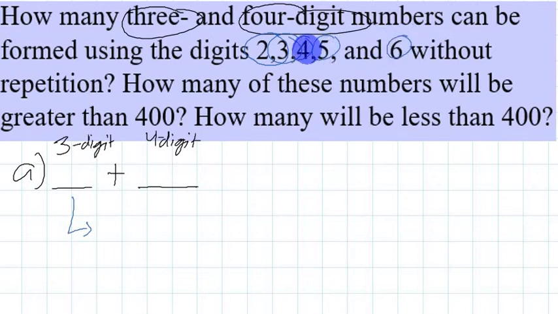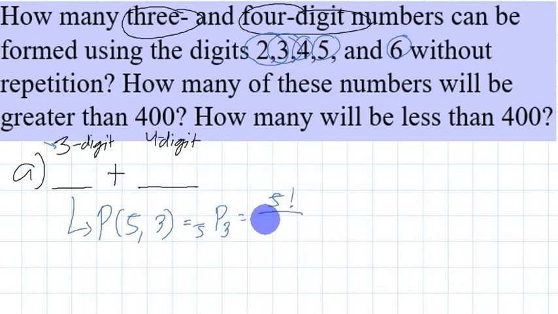That's 1, 2, 3, 4, 5. Out of 5, I'm going to choose 3 digits, which is the permutation of 5 taken 3 at a time. So I get 5 factorial over 5 minus 3 factorial, which gives us 60.